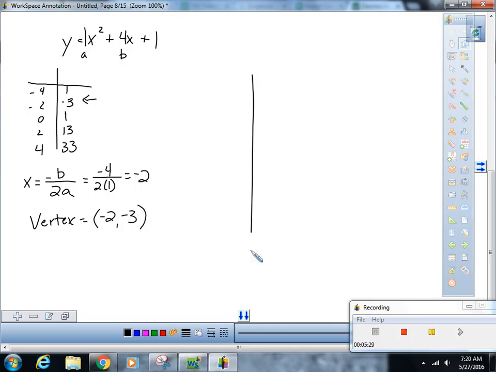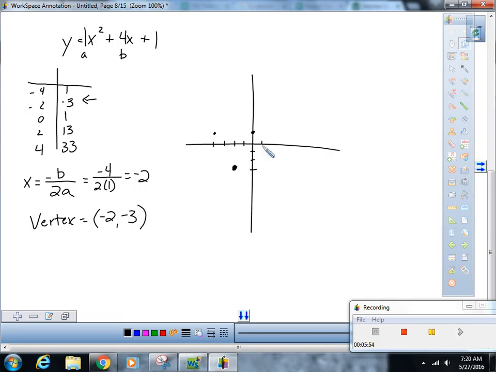So if we sketch this thing, we'll just plot our other points that we got. Negative 4 comma 1. Negative 2 comma negative 3 is already on there. 0 comma 1. Notice the symmetry.